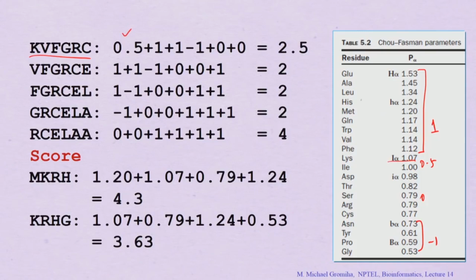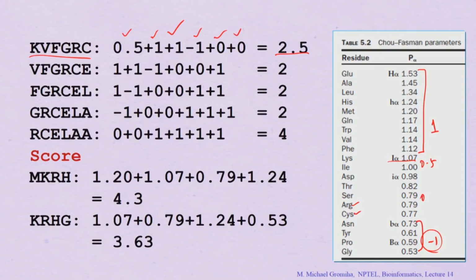Then V is here, this is equal to 1. Then F, phenylalanine, is again equal to 1. G is in this group, this is -1, so we put -1. R and C are here, this is 0. We assign the values, and approximately this is 2.5, so this is less than or equal to 4, right, this is not part of a helix.